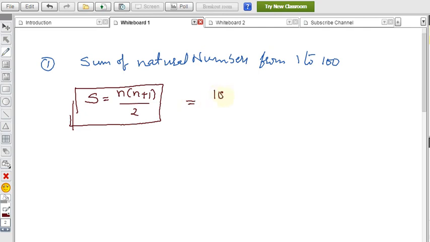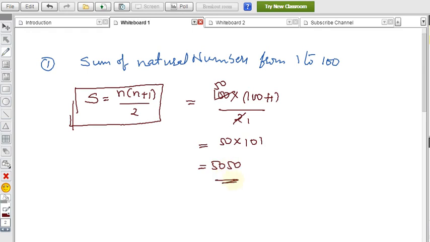That is 100 into 100 plus 1, divided by 2. So 2 fifties are 100, so 50 into 101. That is 5050. So the sum of the natural numbers from 1 to 100 is 5050.